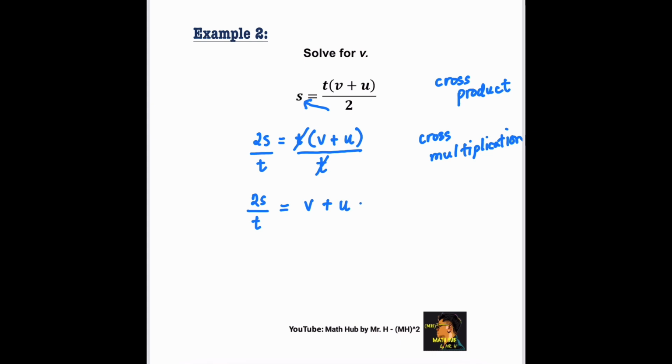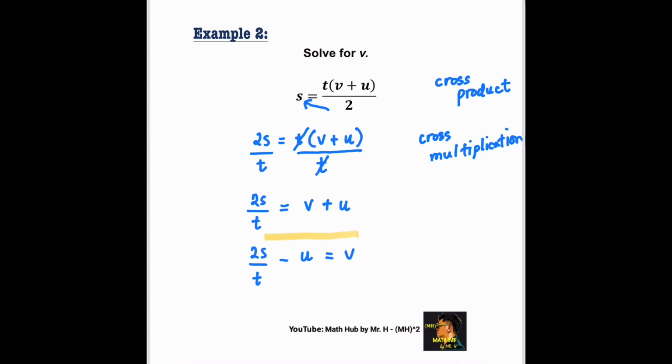From here, we need to take one more step by separating the variable u from v, because we're asked to write a formula for v. So just one step: moving u to the left-hand side, and from positive, it will become negative. So this is going to be 2s divided by t minus u equals v.